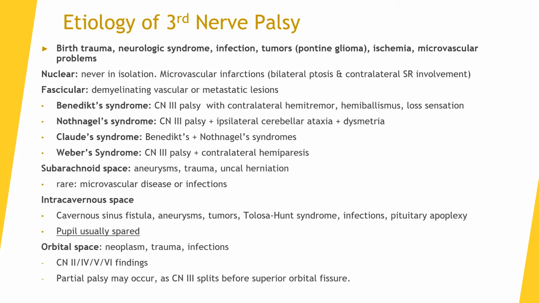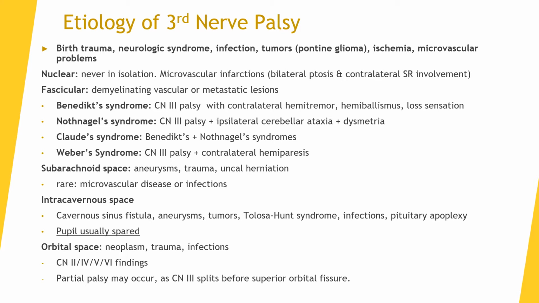Contralateral means the hemitremor and the hemiballismus and the loss of sensation occur on the side of the body opposite to the side where the cranial nerve 3 is experiencing the palsy. Hemitremor, as evident by the term here, means tremor in half of the body. Hemiballismus is violent involuntary limb movements in half of the body.